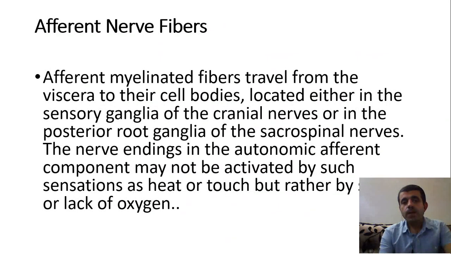Okay. The afferent myelinated fibers travel from the viscera to their cell bodies, located either in the sensory ganglia of the cranial nerves or in the posterior root ganglia of the sacral spinal nerves.